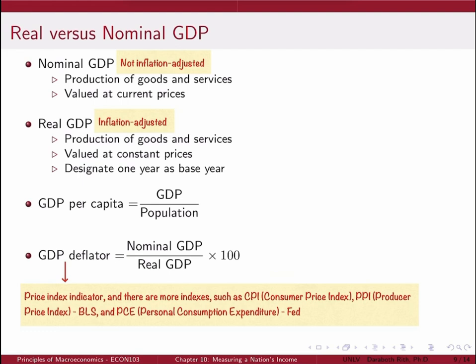And the Producer Price Index, PPI, which measures the average change over time in the selling prices received by domestic producers for their output and is a preferred measure at the Bureau of Labor Statistics, BLS. Additionally, the Personal Consumption Expenditure, PCE, index, which measures the prices paid by consumers for goods and services, is preferred by the Federal Reserve for its inflation target.